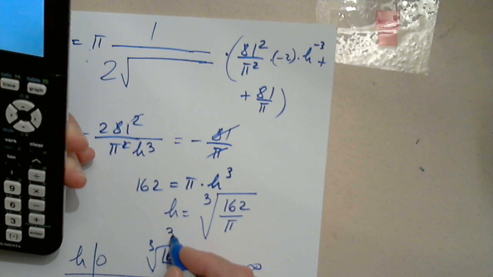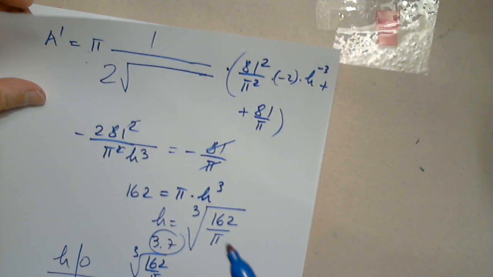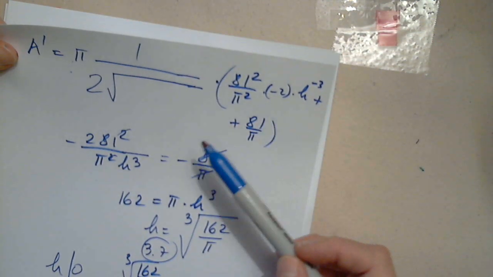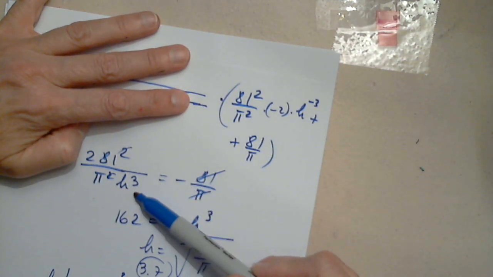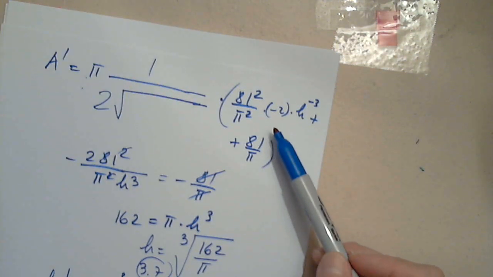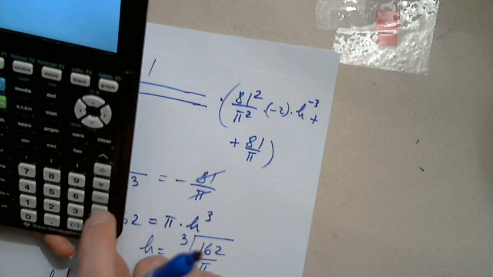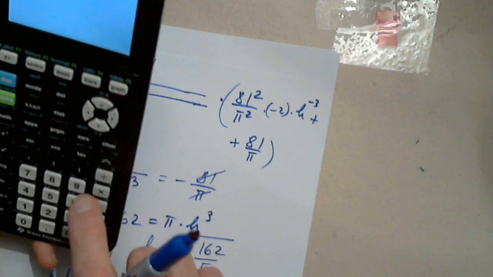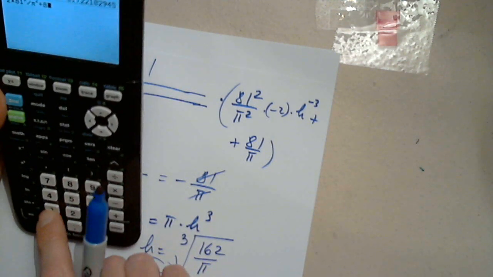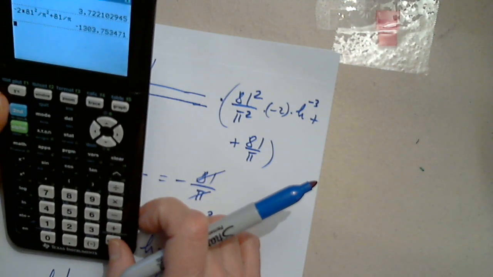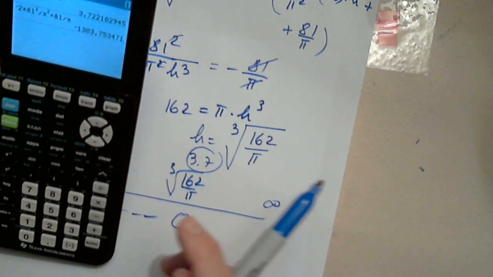So this is approximately 3.7. So I want to see what happens when I plug in 1. So 1, this is all positive. So with 1, I have negative 2 times 81 squared divided by pi squared plus 81 divided by pi. Okay, so this is negative, and then I'm going to plug in 4.